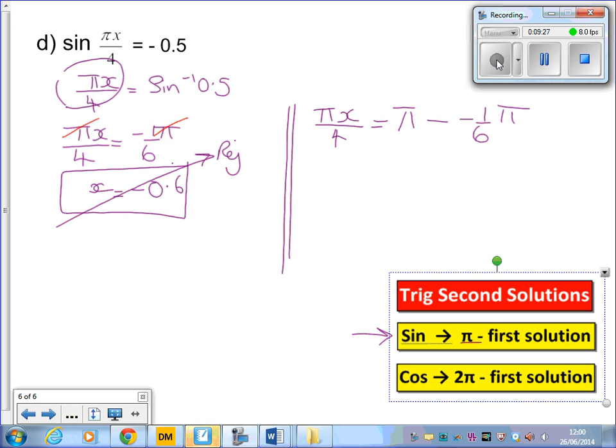Going back to our second solution now, pi x over 4 is equal to 7 over 6 pi. Cancel the pi's from both sides, and when I rearrange it, x is 14 over 3, and this is a solution that we want.